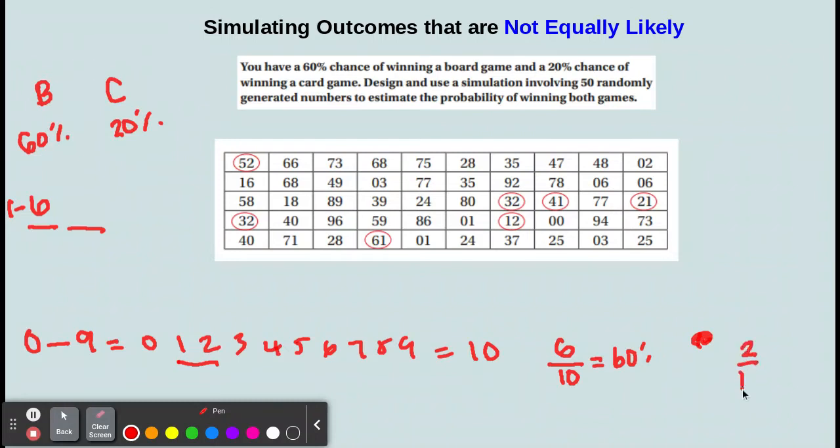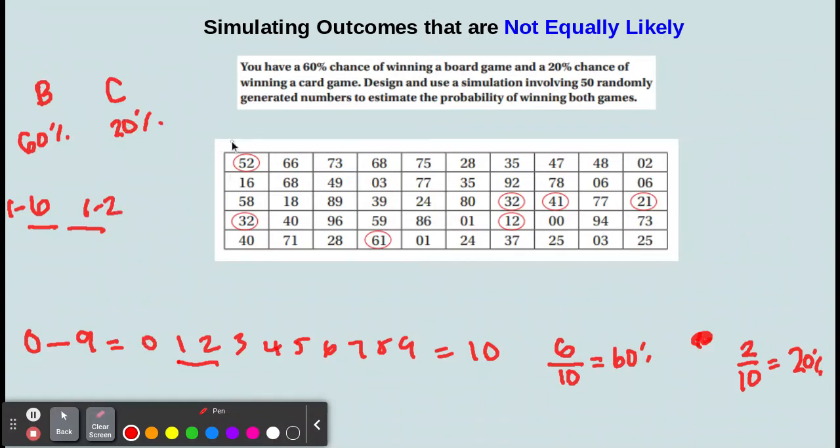Because 2 out of 10 numbers gives us 20%. We could have chosen any 2 numbers, but we're going to choose 1 through 6 for winning the board game. That means we won it. And 1 through 2 to mean that we won the card game.